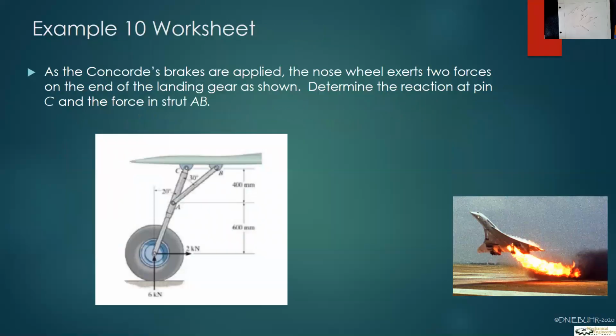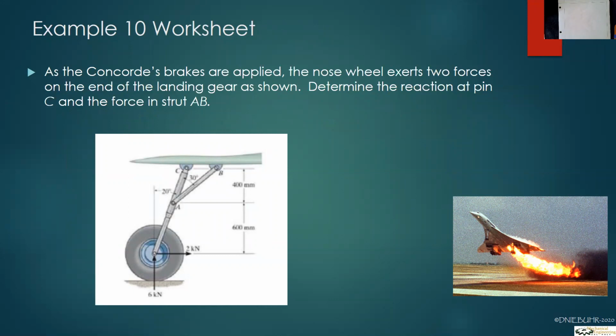In this case, we have a simple landing gear, and we're given the loads that are applied to it. So you have a 6 kilonewton force that's applied to the wheel going up from the ground. You have a 2 kilonewton force to the right, that's the braking force.